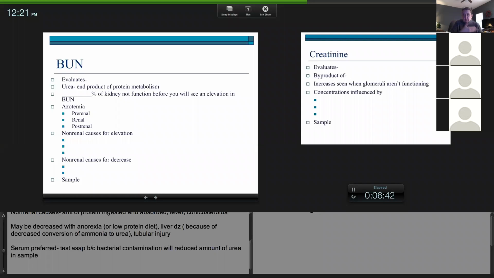The other thing I want to mention about BUN, and this is just a little tip, most often we're running it on serum, on a blood machine, sending it to the lab. We use these sometimes in emergencies: they make a little dipstick called an azo stick, for azotemia. Just like when you take urine and put it on a dipstick, you can take a drop of blood and put it on this little azo stick and it'll change color and give you an estimation of BUN.